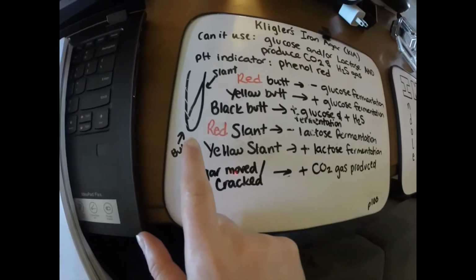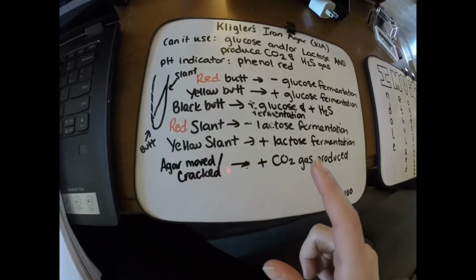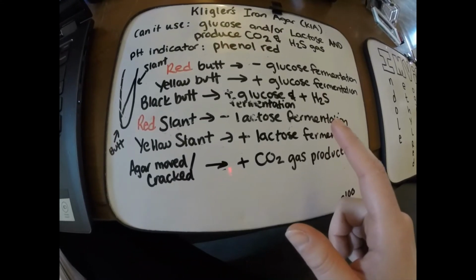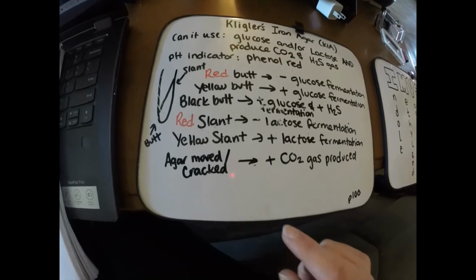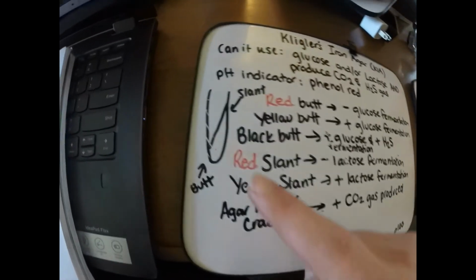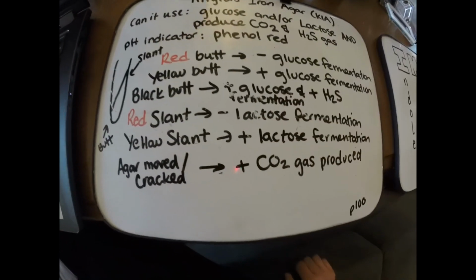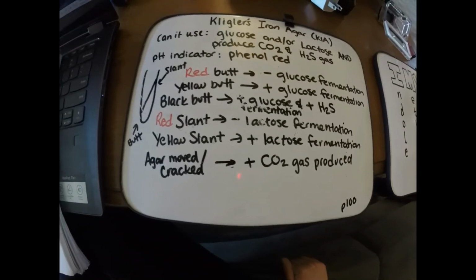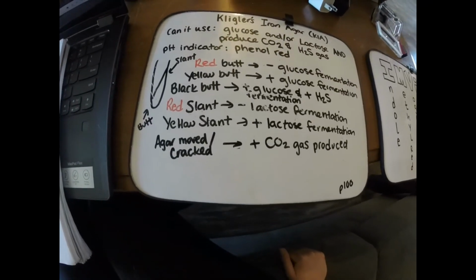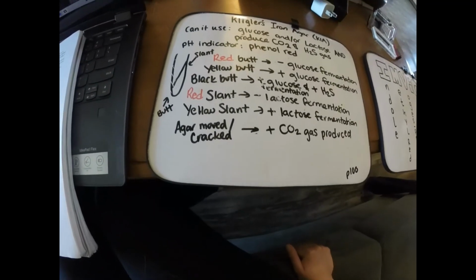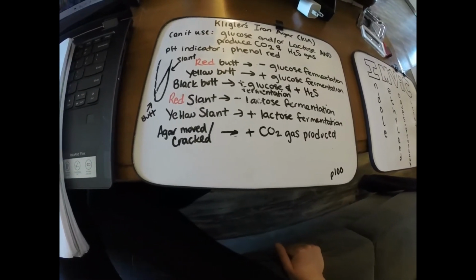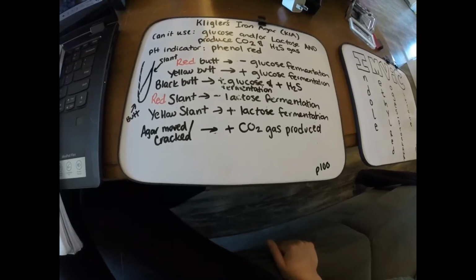And if it's black, that means it's positive for glucose fermentation and for hydrogen sulfide gas formation. If the top part of the slant is red, it's negative for lactose fermentation. If it's yellow, it's positive for lactose fermentation. And if the agar is moved or cracked, it's positive for CO2 gas production.